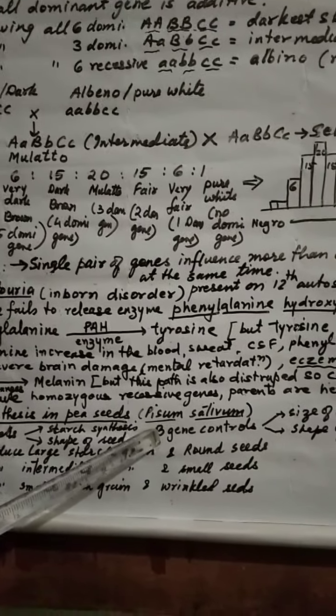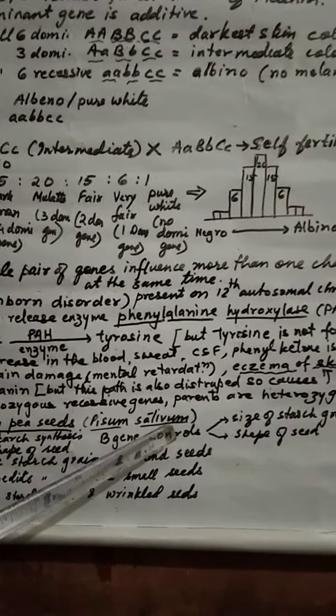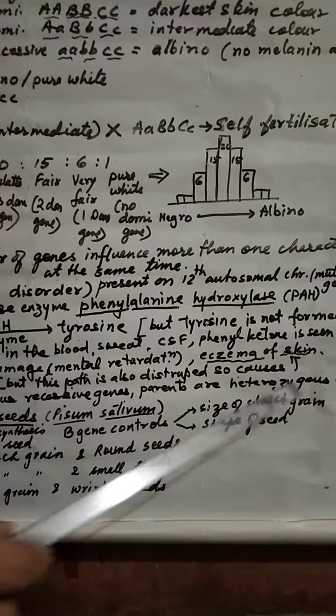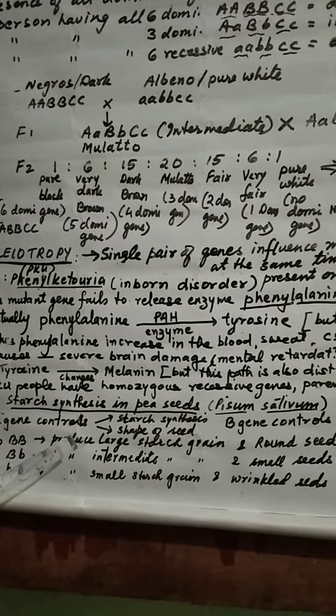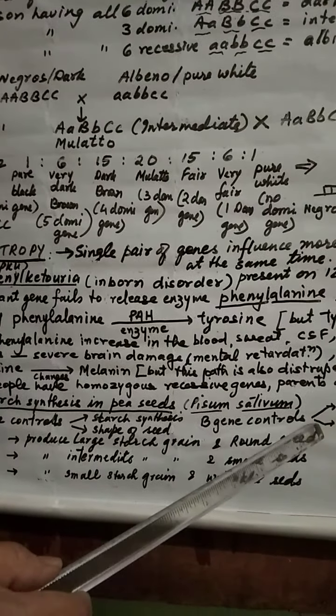Here the dominant B gene controls two characters, the size of the starch grain as well as the shape of the seed. So on this basis we will see three conditions. If capital B genes are present, then what will they produce? Large starch grains, that is more starch will be present in the seed, and the seed will be round.